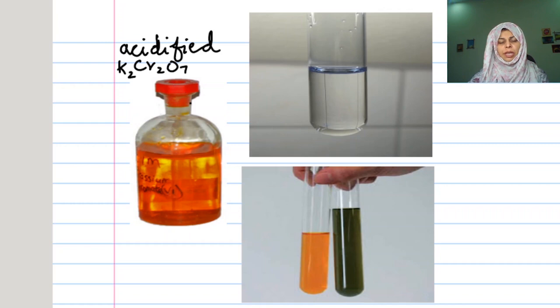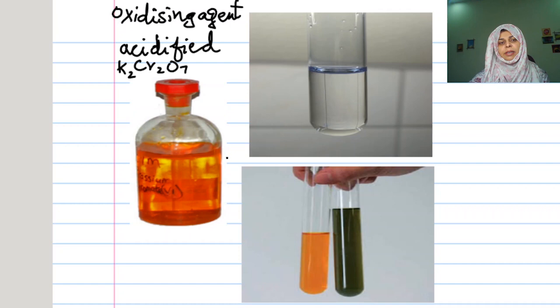If we use acidified potassium dichromate in a salt solution where we have to test for the reducing agent. So oxidizing agents are used to test for the reducing agent.